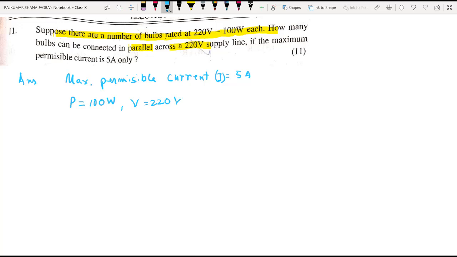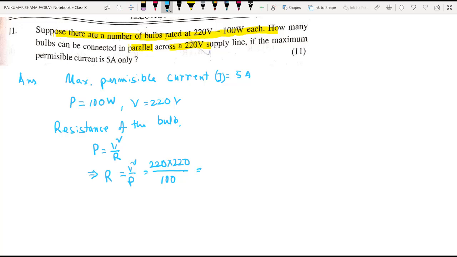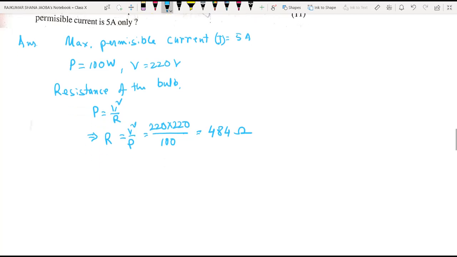So the resistance of the bulb: the power equal to V square by R, so R equal to V square by P. So 220 into 220 divided by 100, that is 22 into 22, 484 ohms.